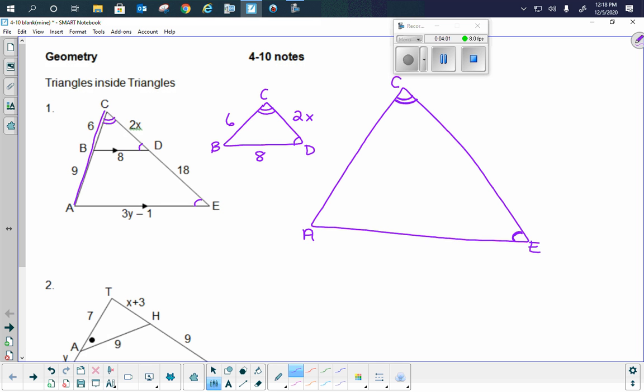And I'll say 9 plus 6 is 15. Then I'll say, what's the length of CE? All right, well now I'm going to look at this length, which is 2x plus 18. And then I'll ask myself, what's the length of AE? And I'll look at this length from A to E, and I'll say it's 3y minus 1.